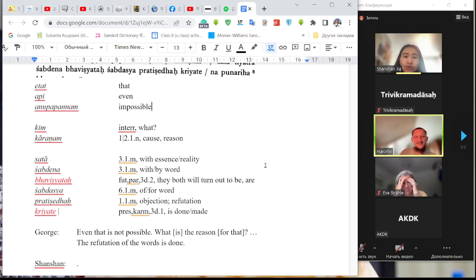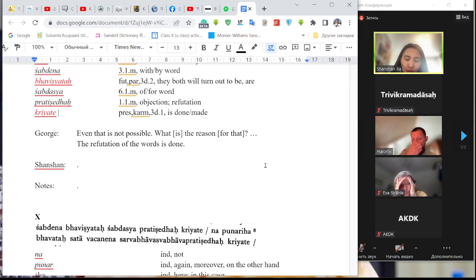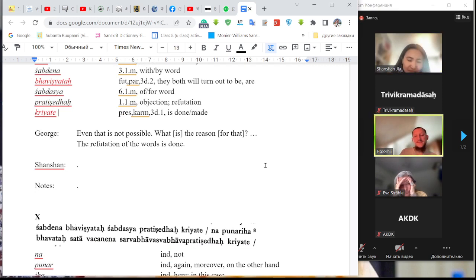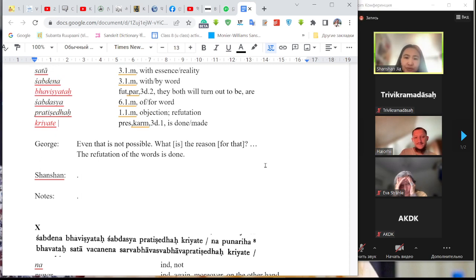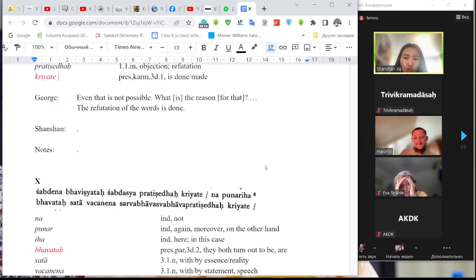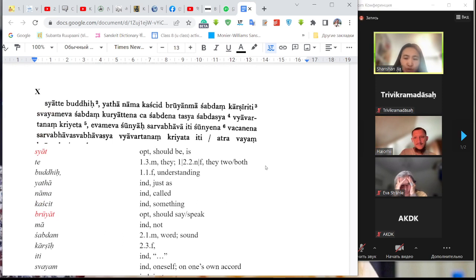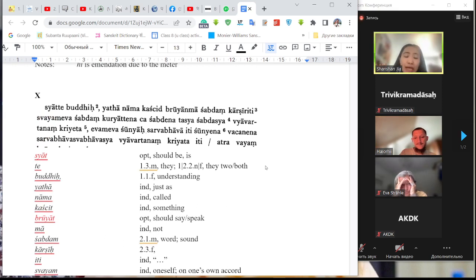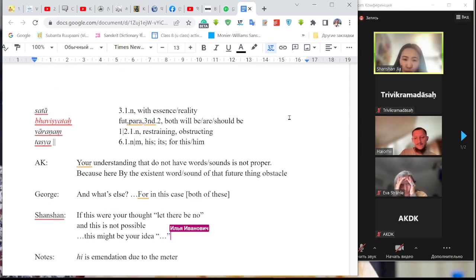Yes, but I'm going to leave this first part untranslated because we want to solve the problem with the help of the commentary. So I just read that part. Etat syād iti, I'm translating, and then you have something like quotation marks: mā śabdavat. Na ca etad upapannam.